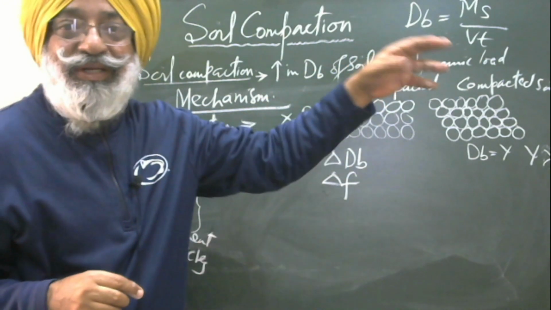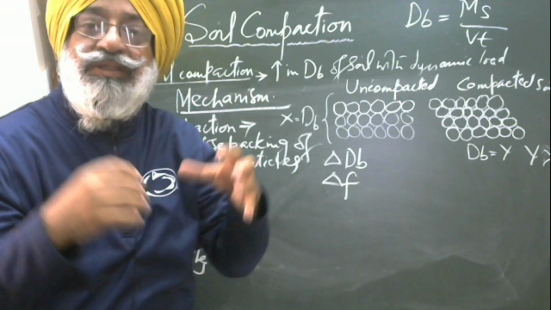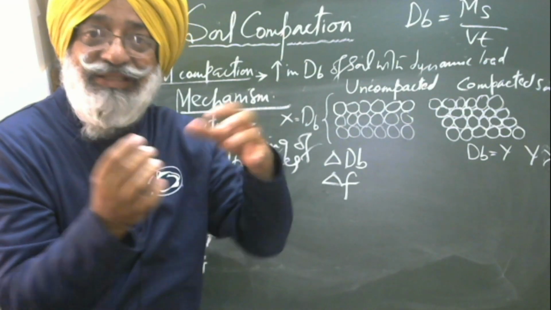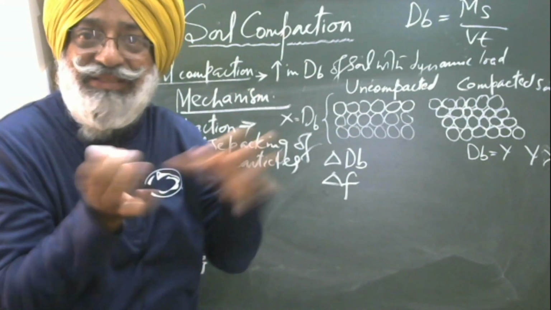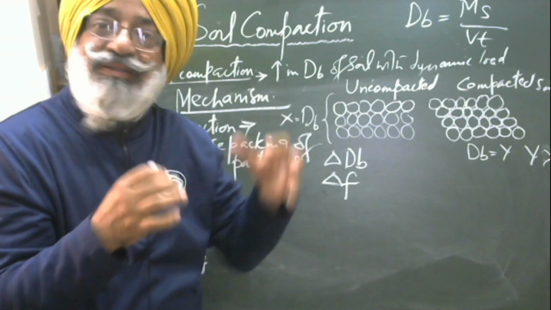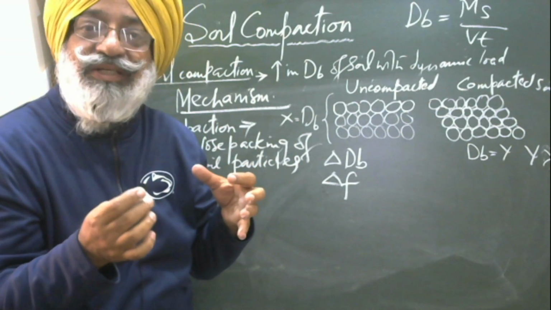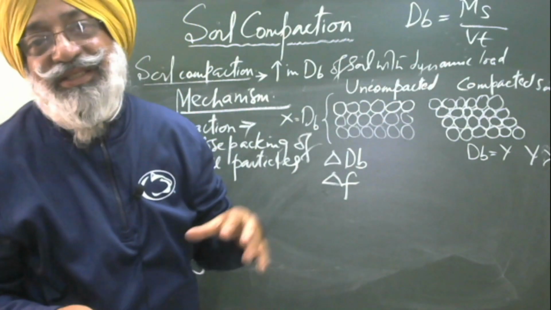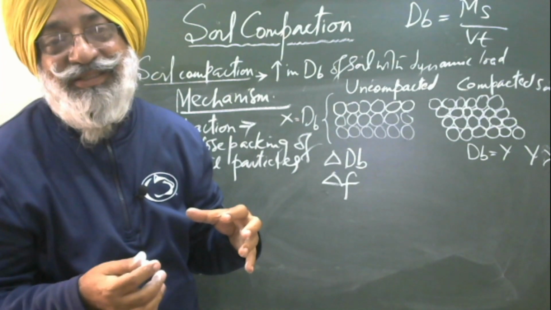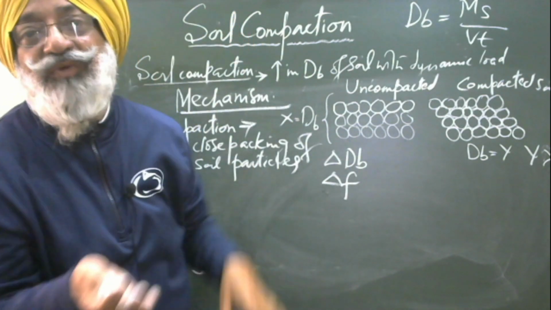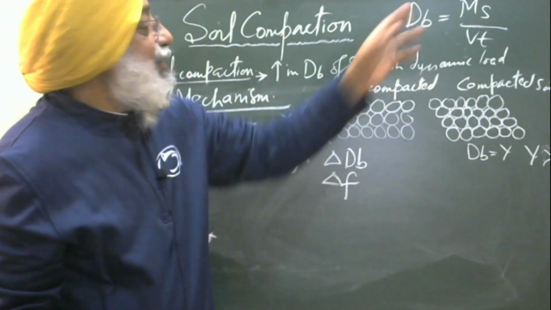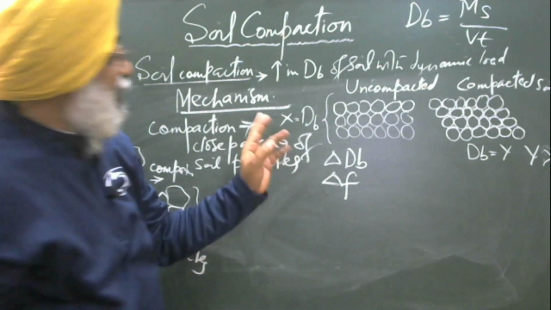So volume of solids can be decreased. Otherwise, soil particles are not compressible. You cannot compress them. But because of the rearrangement of the particles, these soil particles get compacted. So there is decrease in volume, and that's why there is increase in bulk density. I hope the things are clear.